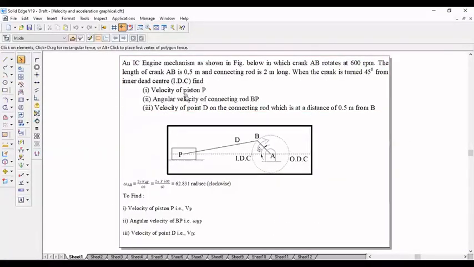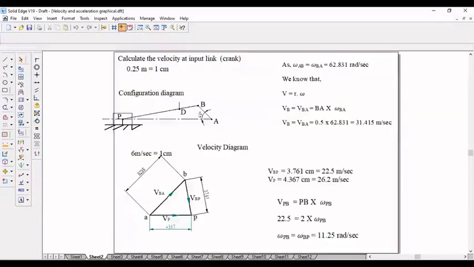Now what is the third question? The velocity of point D on the connecting rod, which is at a distance of 0.5 meter from B. So from this point to this point, it is 0.5 meter. So where you get this D point? In between B and P. So anywhere on the connecting rod.